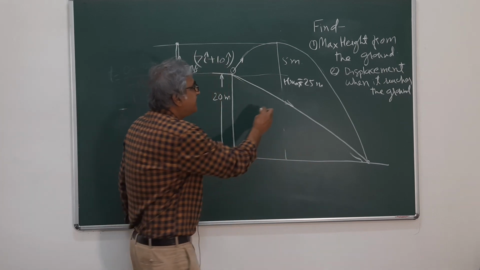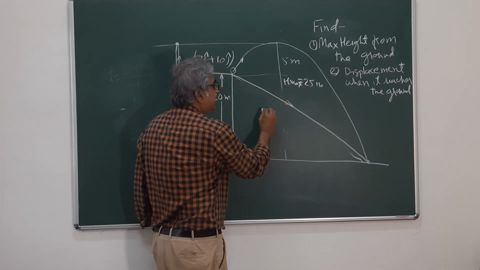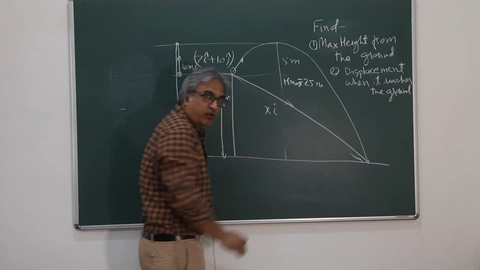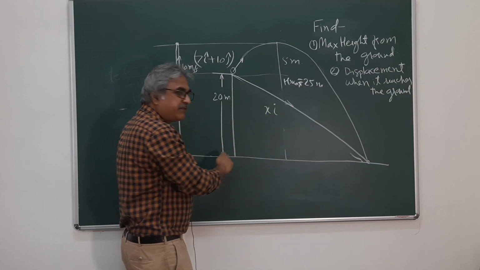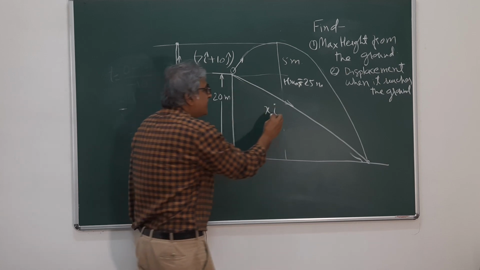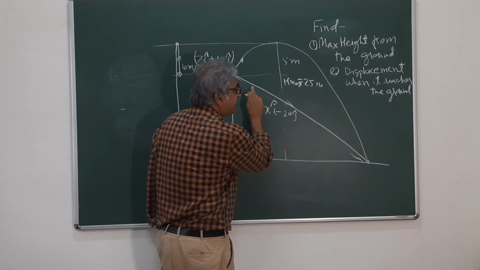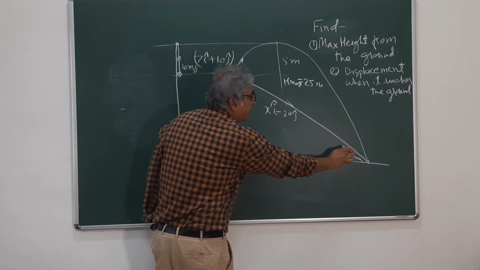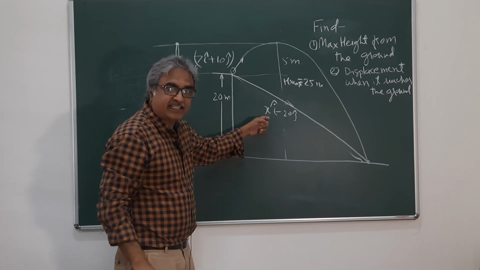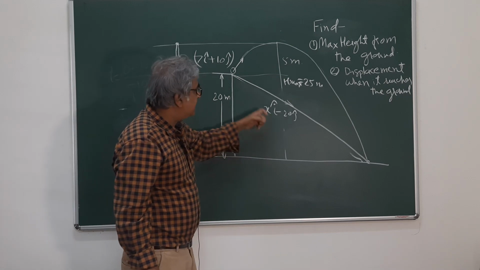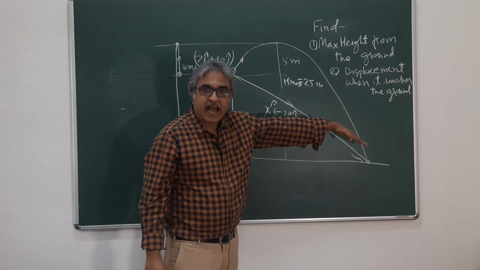So if this displacement is expressed as x i, x is to be found out, this horizontal displacement. Vertical displacement we already know, that is 20 downward. So it is x i cap minus 20 j cap. So this is what we want. Essentially we want to find out x. Once we find out x, we have given the answer.